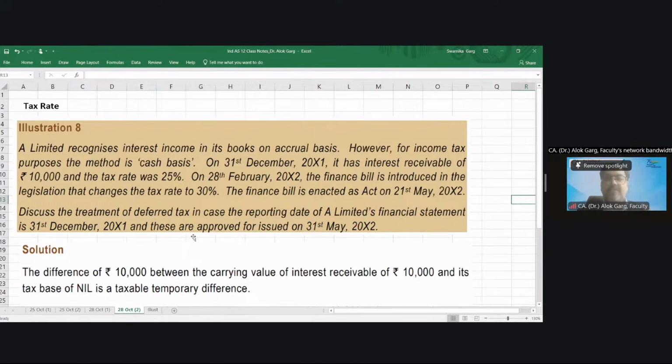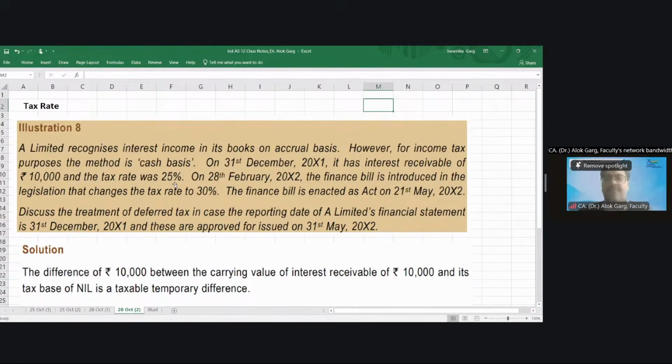Is this question clear? The question talks about the interest income which is accrued on accrual basis. Means it has to be received later on. However, income tax only considers cash basis. On 31st December, it has interest receivable of 10,000 and tax rate was 25%.